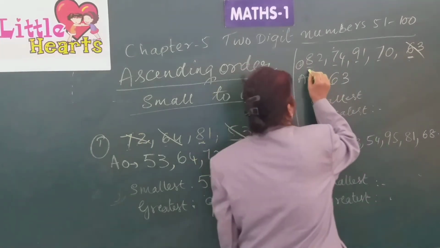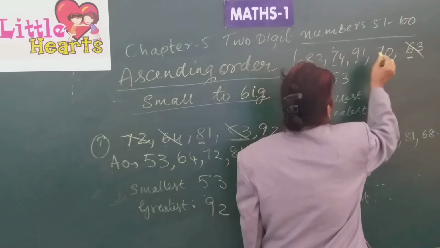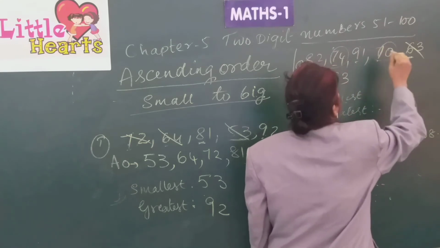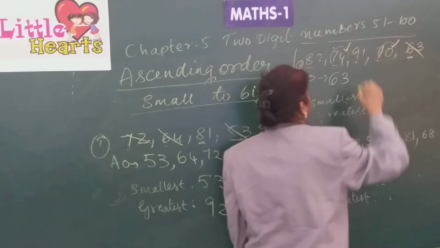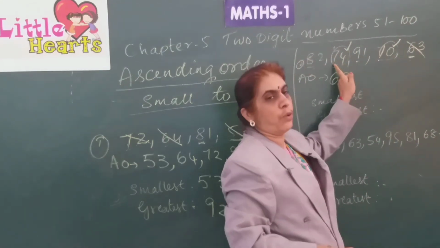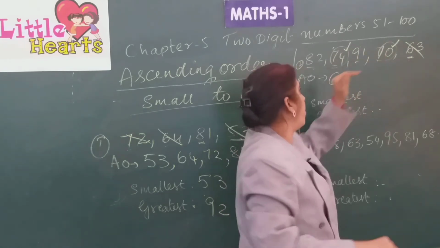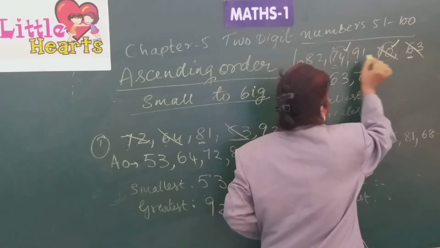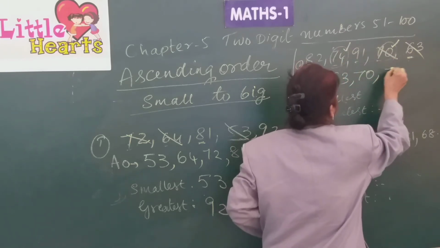Now come to this 8, 7, 9, 7. There are two numbers with 7 in the tens place. Then check the ones place digit: 0 and 4. Which comes first? 0. So next comes 70. And then among the remaining, 74 comes next.